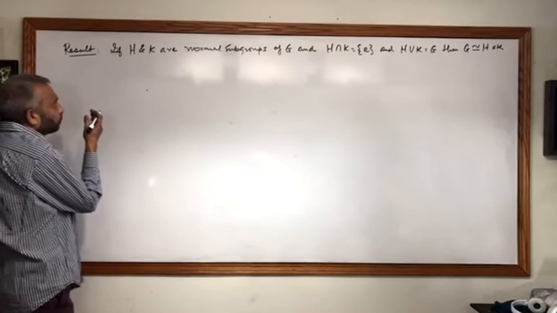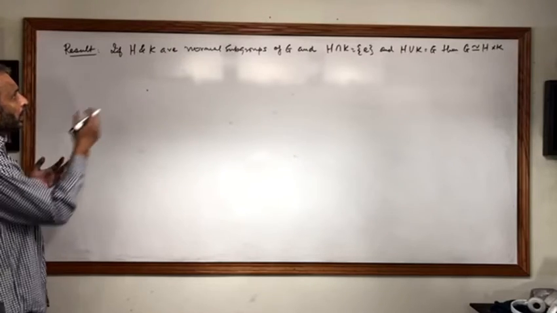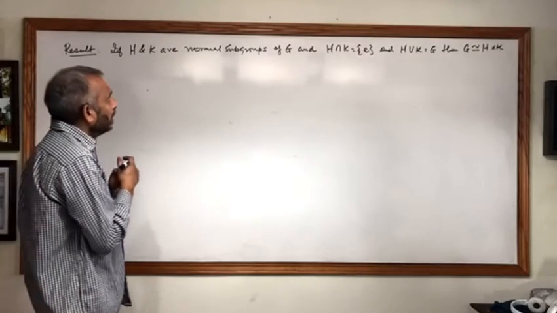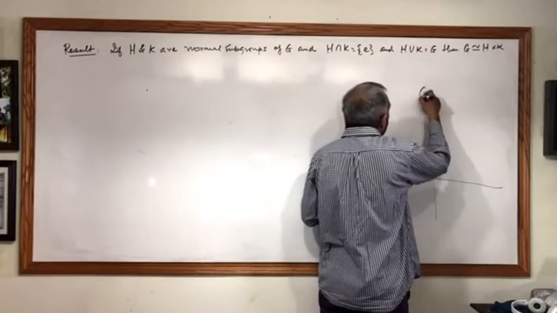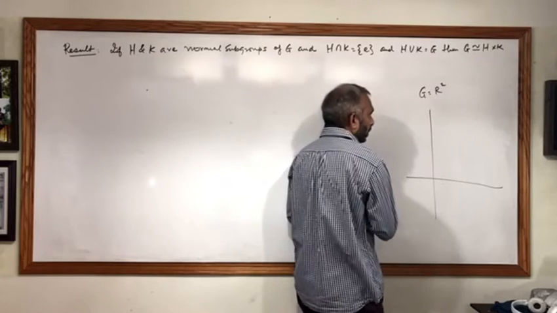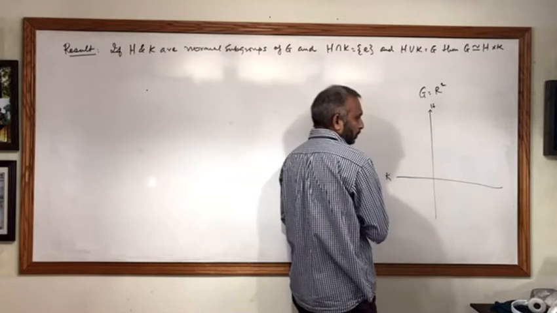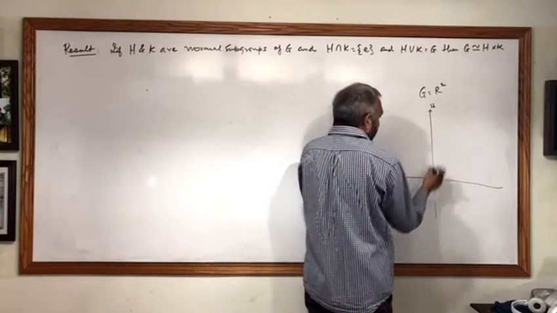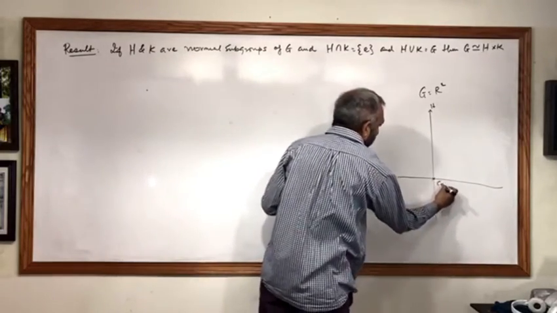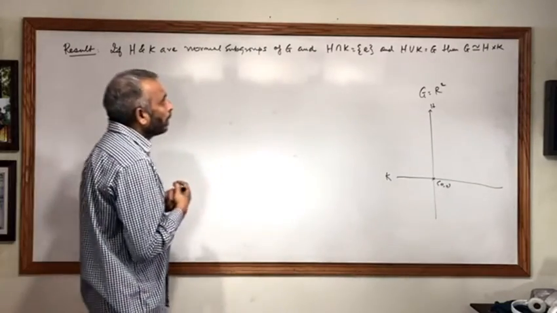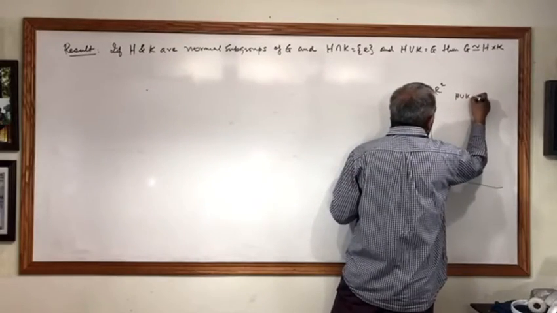There is a good example when G is an abelian group. And a graphical example is like this. So G is equal to R squared. So H is this, and this is our K, and the only intersection is e, that is (0,0), and H join K is equal to G here.